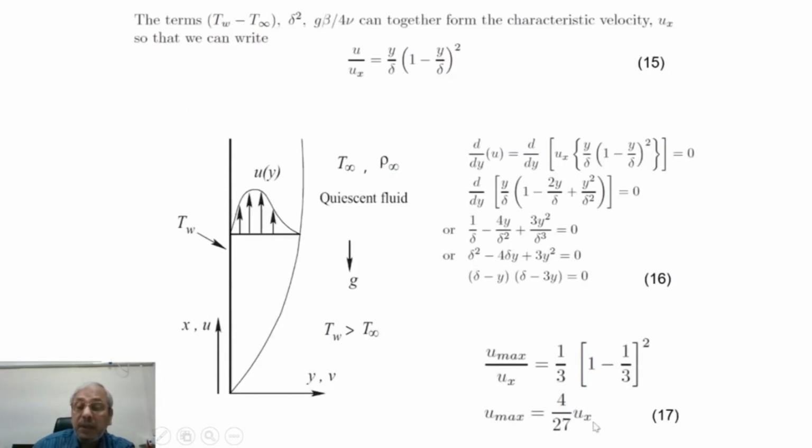So that is the measure of Ux, and this is the measure of Umax, which is at a distance delta by 3 from the plate.